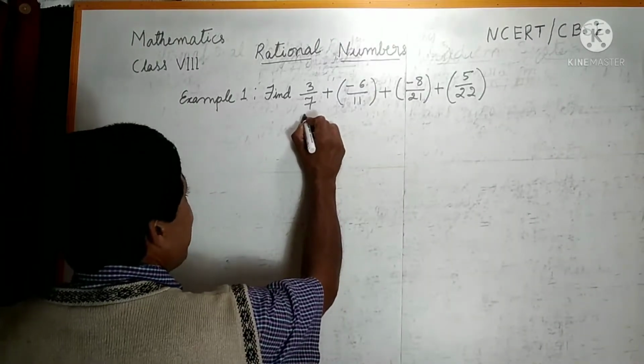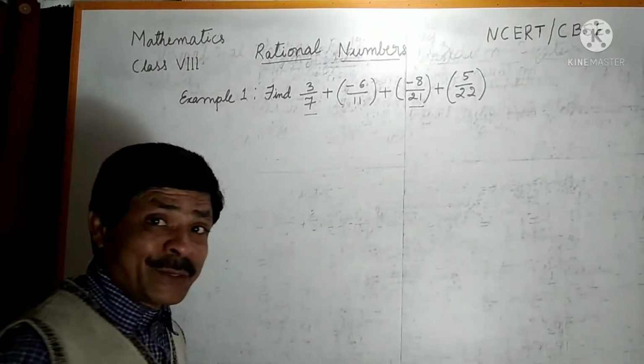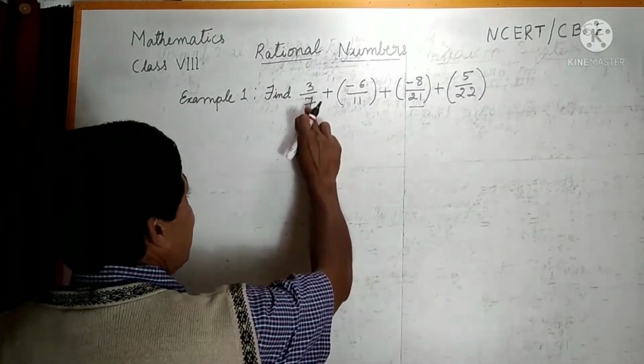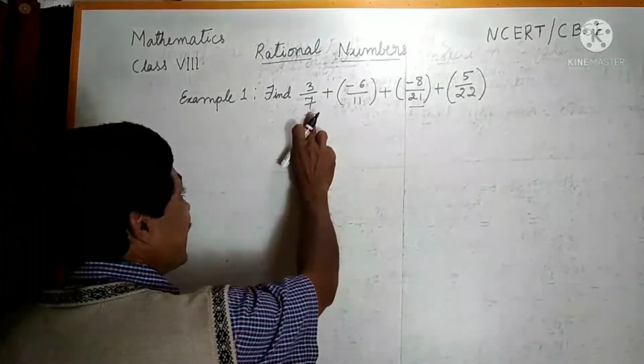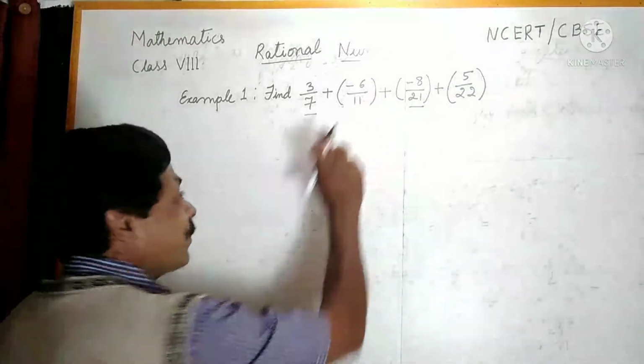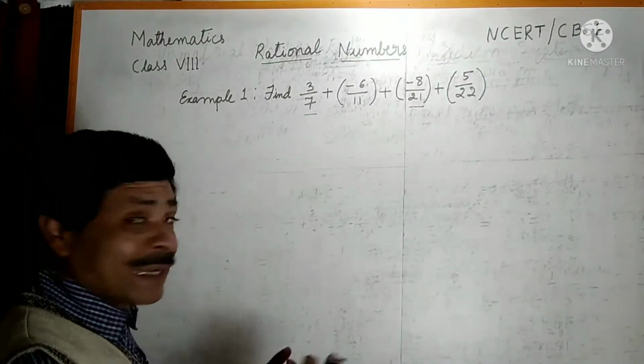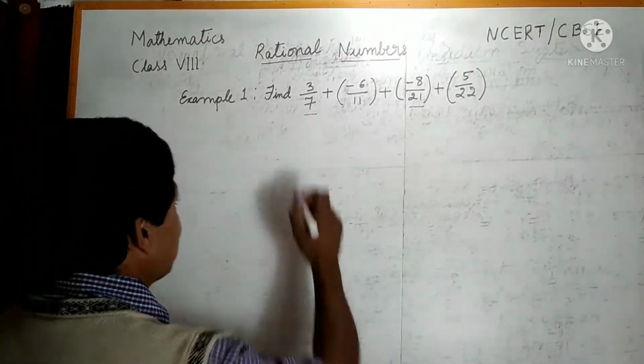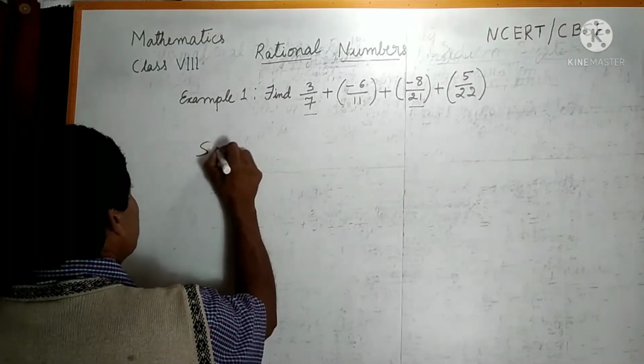Now here, 7 and 21 are related to each other, means 21 is in the table of 7 and 22 is in the table of 11. So let us split into two parts. Okay? Solution.